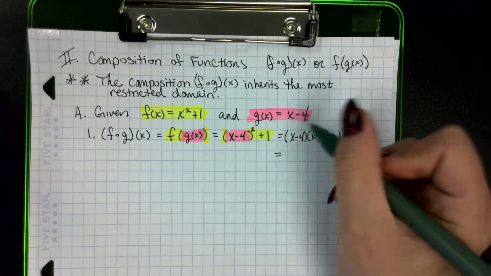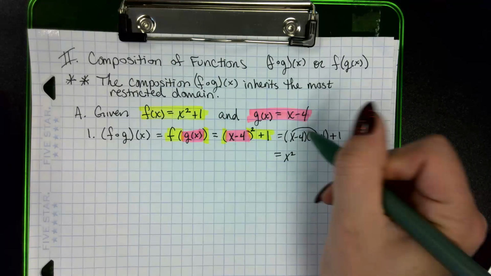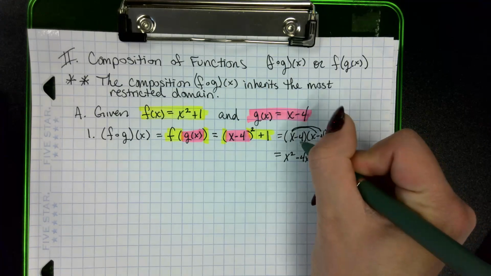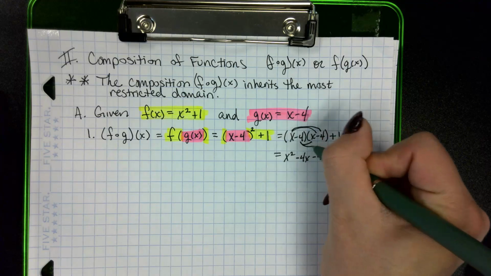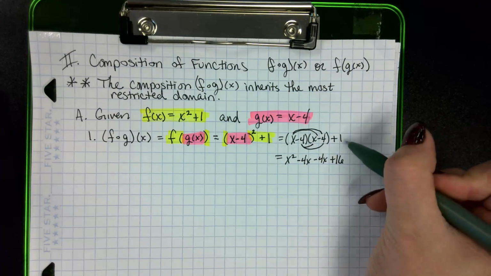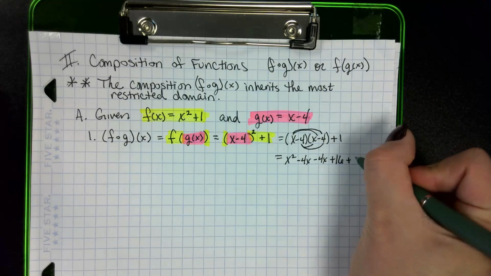So if I FOIL this, first is x squared. Outside gives me a negative 4x. Inside gives me a negative 4x. And the last two terms multiplied together give me a positive 16. And then don't forget there's this plus 1 on the outside.